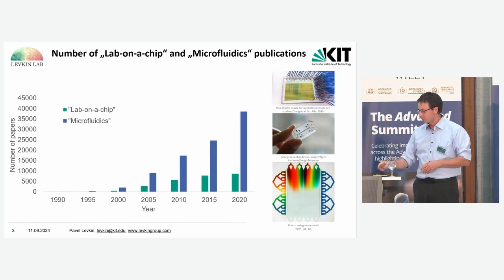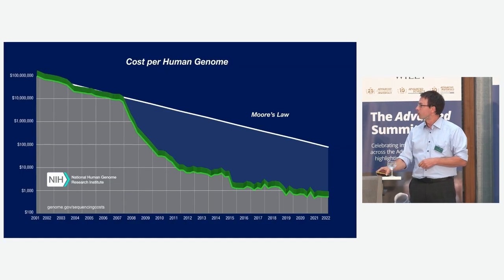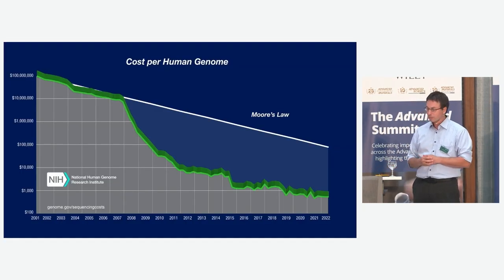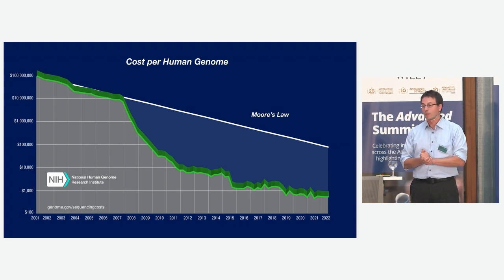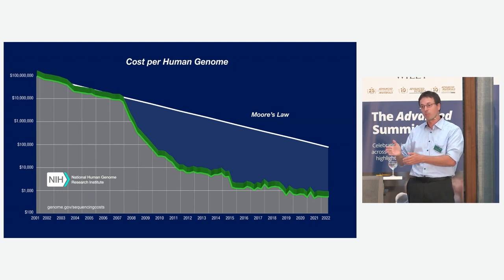And in fact there are some success stories, and probably the most important success story is the drop of costs of genome sequencing, which dropped from hundreds of millions of US dollars in 2000 to less than $1,000 per sequencing this year.